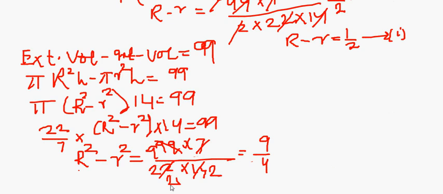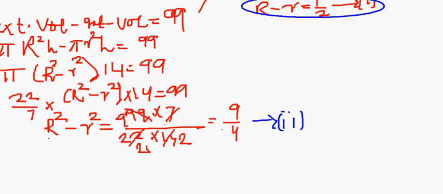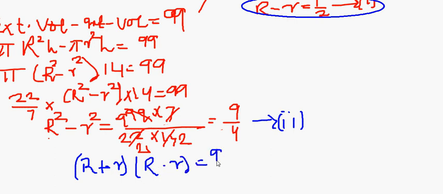This is another equation, I can write this as another equation, but I can use this one and extend. Hope you remember this one, I'll need this later on. Now R square minus r square, if you expand it, makes R plus r times R minus r, an application of the third identity, is equal to 9 upon 4.